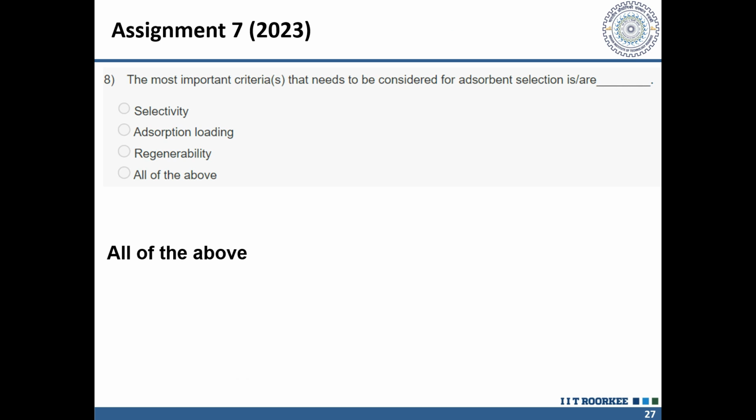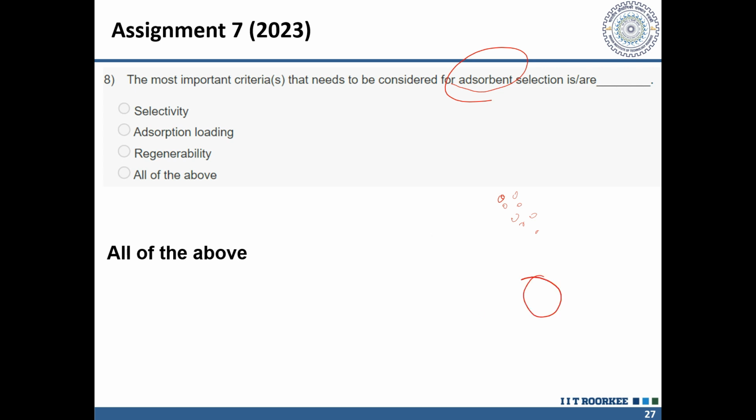The most important criteria that needs to be considered for adsorbent selection is, so first of all, what is an adsorbent? Adsorbents are materials which are used to remove the impurities present anywhere. Most adsorbents are carbon.